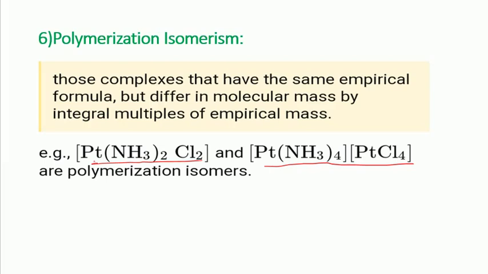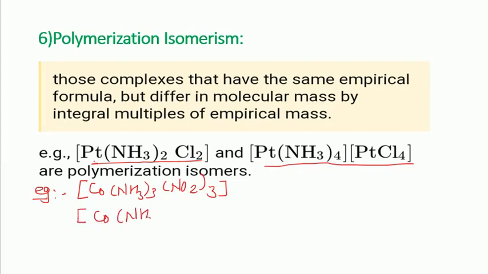If we see another example, cobalt NH3 thrice, NO2 thrice, this is a complex. Second, Co NH3 6 times, then Co NO2 6 times.